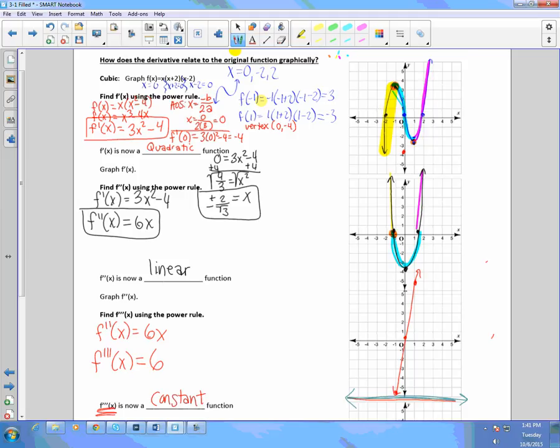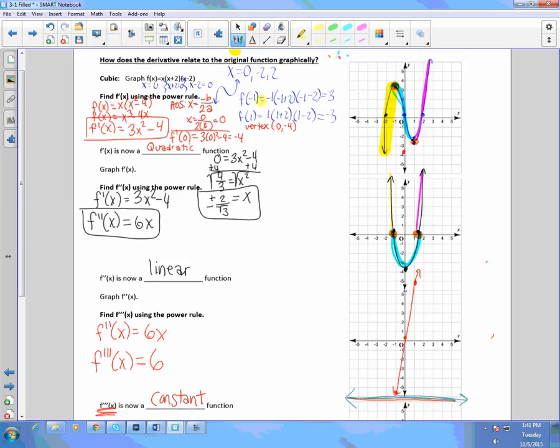What about the minimum of the position function? What is it on the derivative? X-intercept. So when you're changing from increasing to decreasing, that's a critical point. You're going up and then down, so you're positive and then negative. Positive, negative, right?